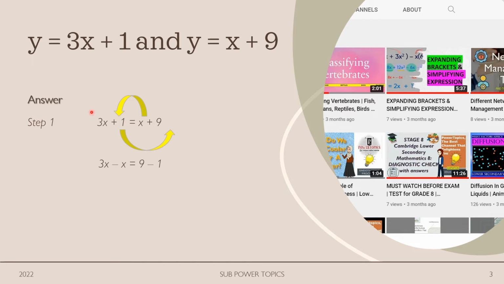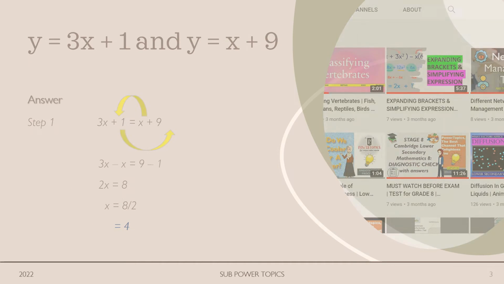So let's solve this. 3x minus x is 2x, 9 minus 1 is 8. You bring the 2 to the other side and you get x is equal to 8 divided by 2, which is 4. So we've solved for x, now let's solve it for y.